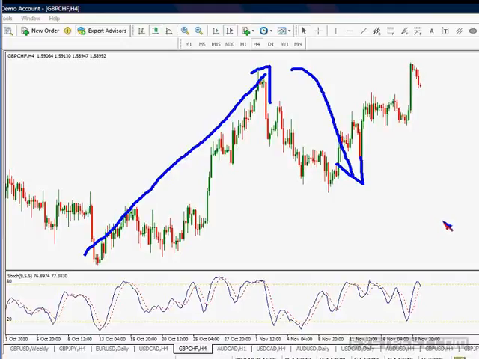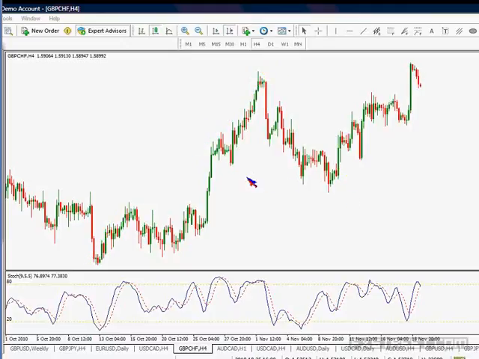Price always tends to move in waves. You plot your Fib retracements from the swing low to the swing high to determine levels of support where price is expected to find support. That's the basic use of the Fib retracements, and there are standard levels.